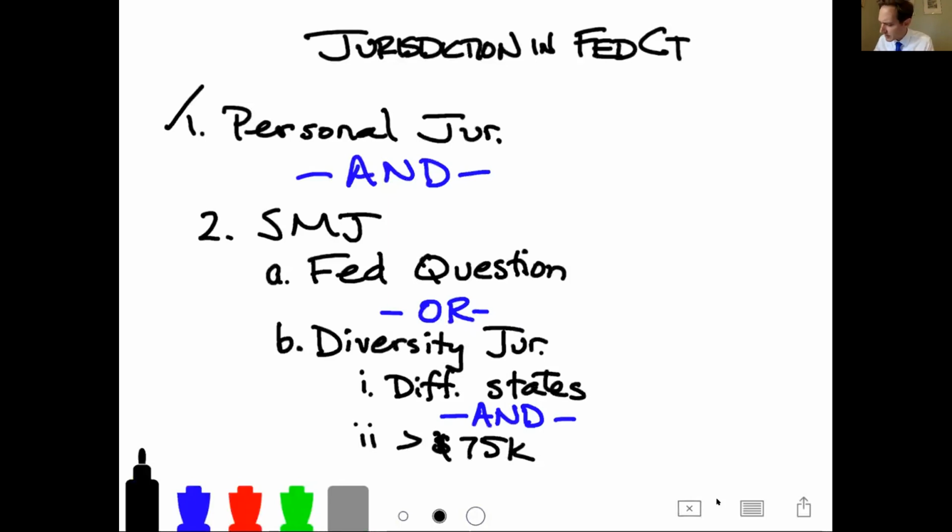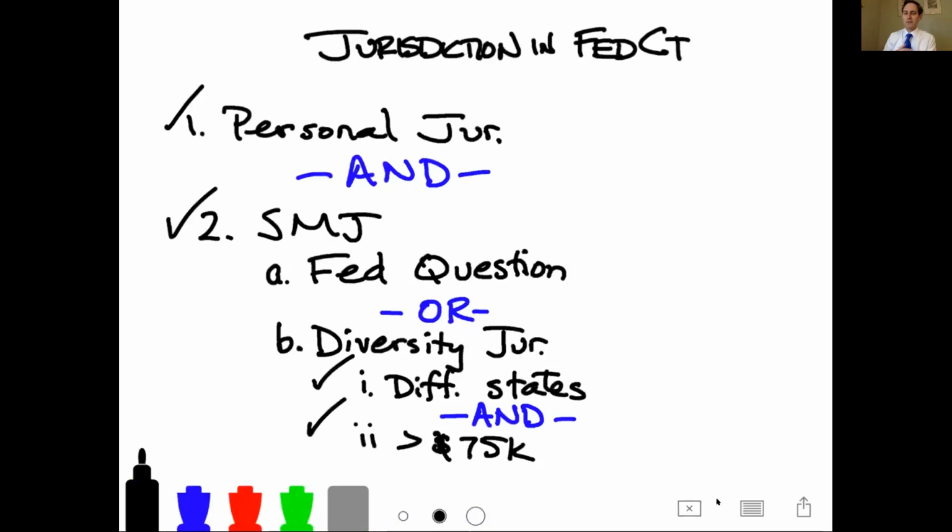Let's check subject matter jurisdiction. There's no federal question, so I can't do that. But let's see. Oh, they are from different states, and the amount in controversy is greater. They're suing for $100,000. So yeah, we've got subject matter jurisdiction. I want you to be able to check this off as you go through. Make it simple like that.